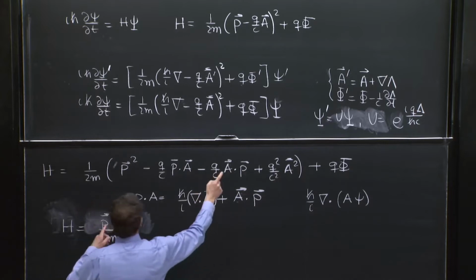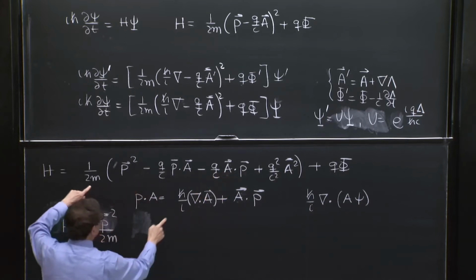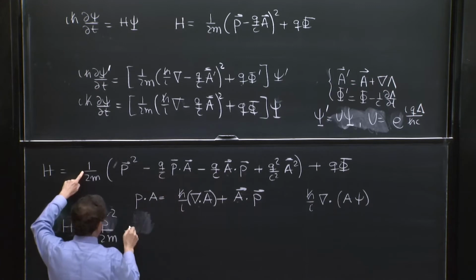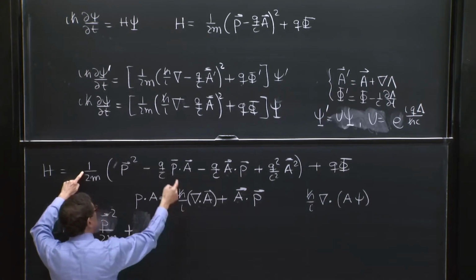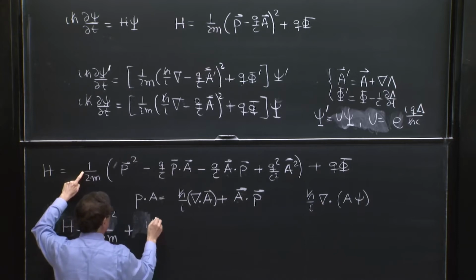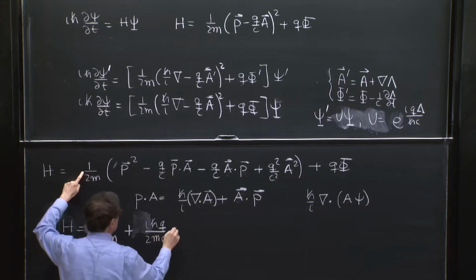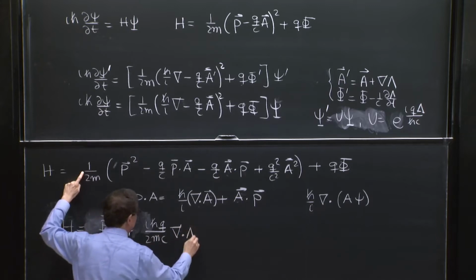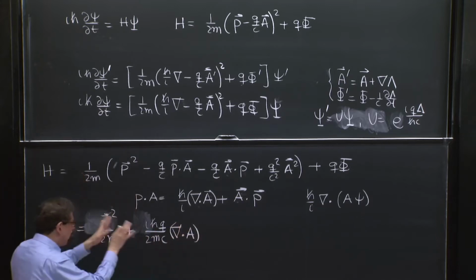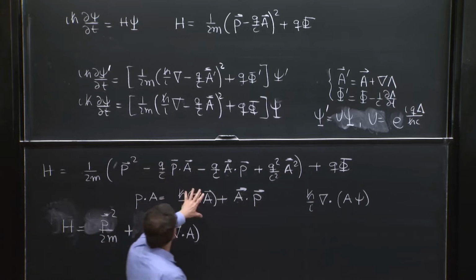Then you have twice, well, let's have this term. So you have plus, the i goes to the numerator, as i h bar q over 2mc divergence of A. And that's just the divergence of A, the function. It's not anymore a differential operator. It's just acted on it.